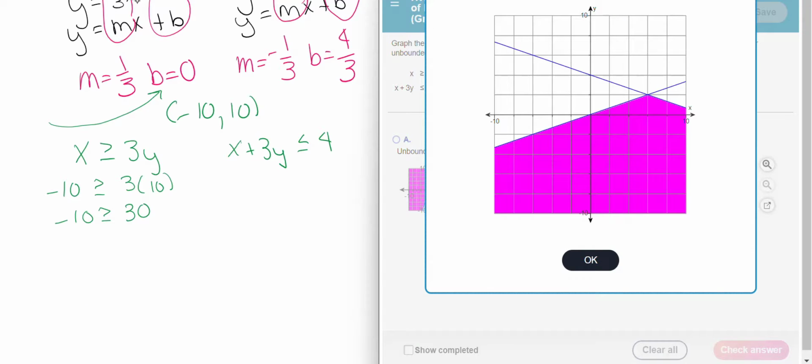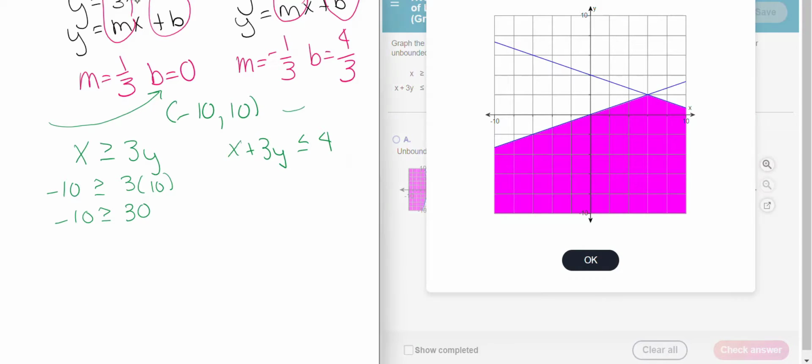The second one, though, I'm looking at this one. I look here and my y-intercept is 4/3, which is the same thing as 1 1/3. Now, when I look at this one and I'm looking at my y-intercept, it looks like 0, 4. Y-intercept has to be 4/3 or 1 1/3.